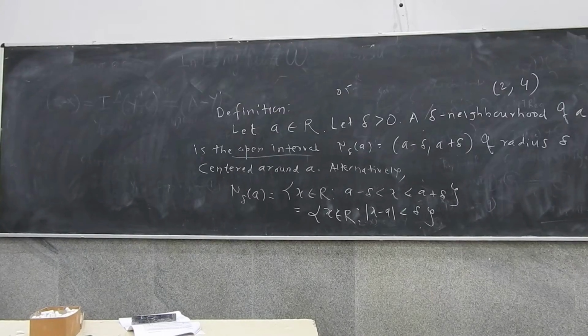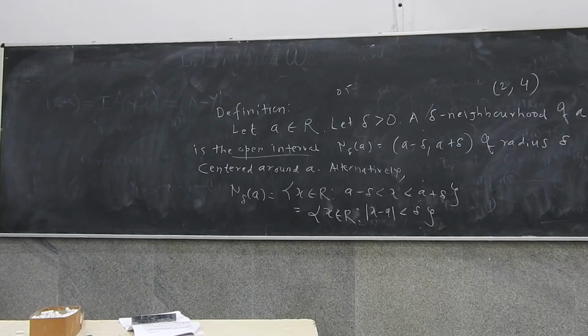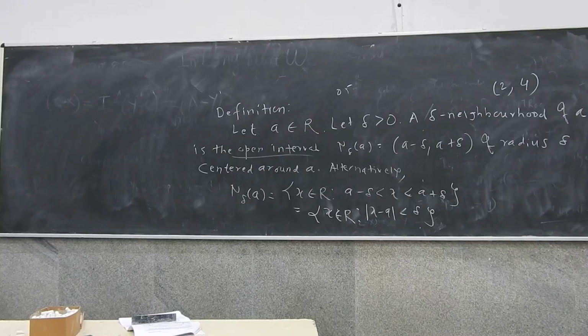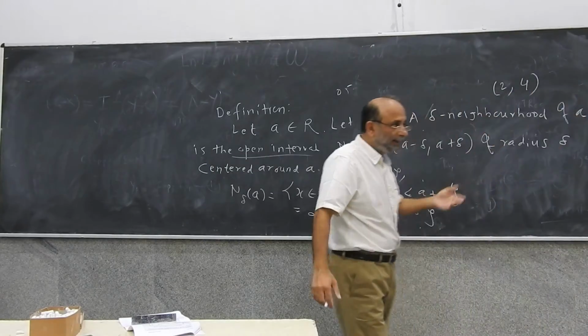If x is the point from which you are calculating, then suppose I give you some delta, say 3, and A is 2. We are looking at the set of all points which are at a distance less than 3 from 2. Sorry, I was right in the first place.